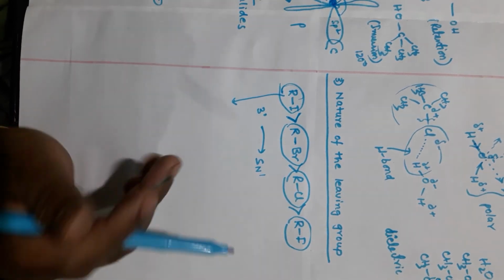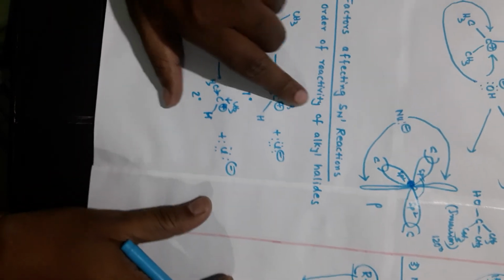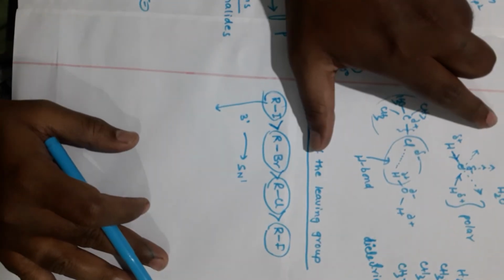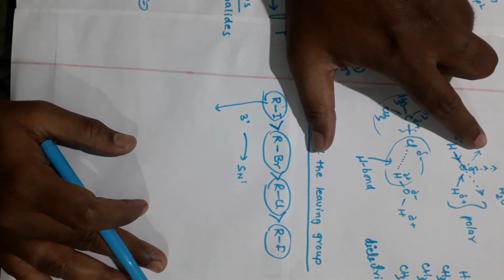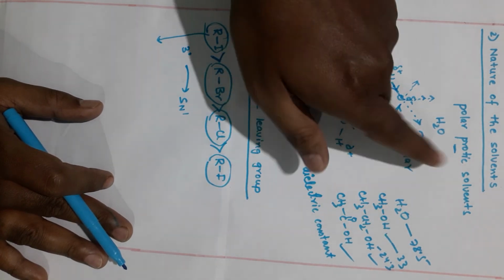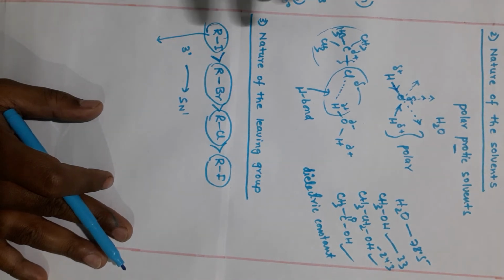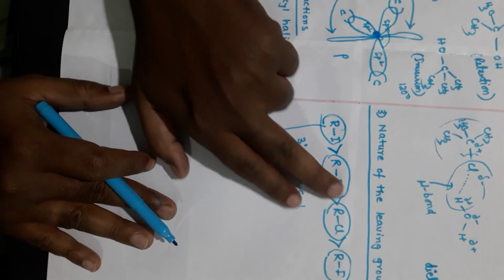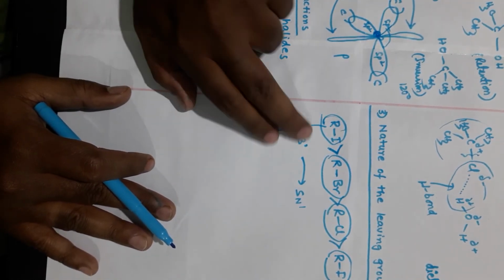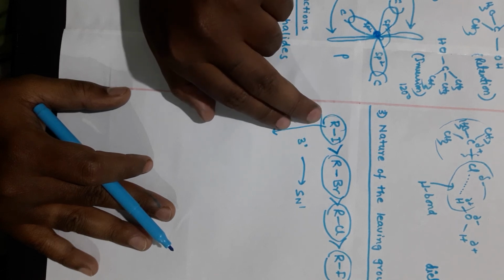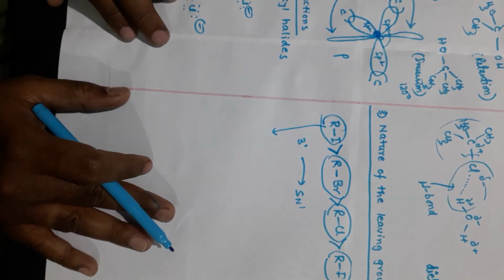So these are the three factors. The first one is the order of reactivity: tertiary greater than secondary greater than primary. Next is the nature of the solvent: polar protic solvents, and those with higher dielectric constant will be most favorable. Then we have the nature of the leaving group: alkyl halides with an iodo group will have higher reactivity for Sn1.